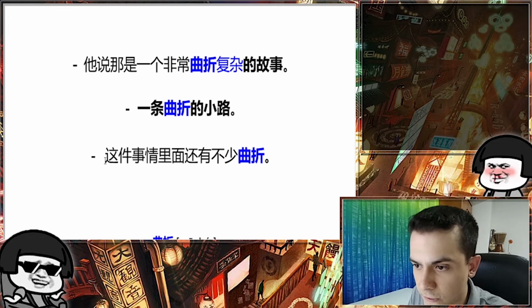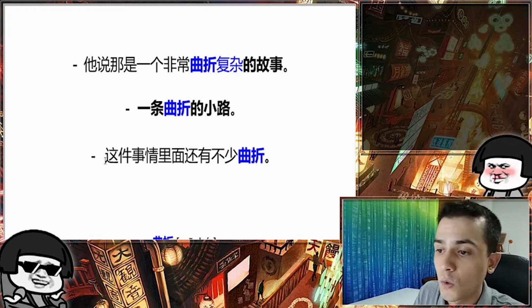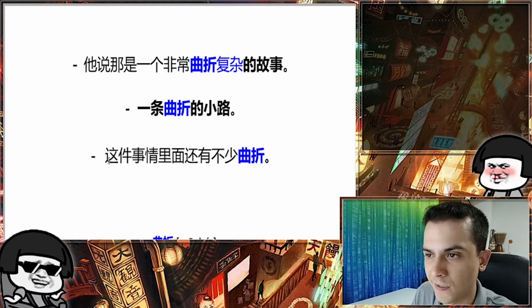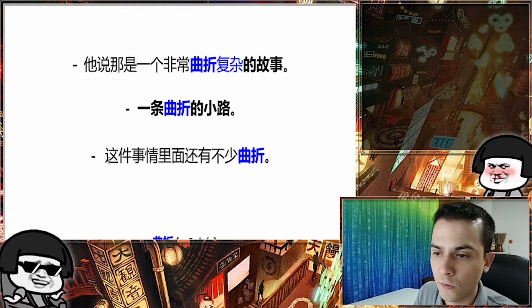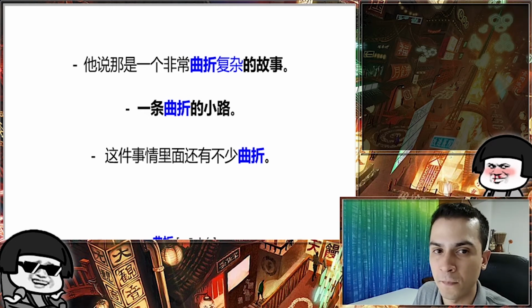这件事情里面还有不少曲折. So basically, it is saying that this issue, this topic, 事情, inside of it, there's still a lot of complications.